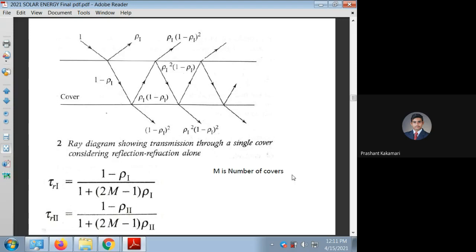If it is m number of glass covers, 2, 3, 4, 5, 6, as I increase the number of glass covers, the common formula is 1 minus rho 1 divided by 1 plus (2m minus 1) into rho 1 for the reflectivity and refraction of the one medium. If it is the second medium below this, like a glass cover or absorber plate, I can write it as 1 minus rho 2 divided by 1 plus (2m minus 1) into rho 2.